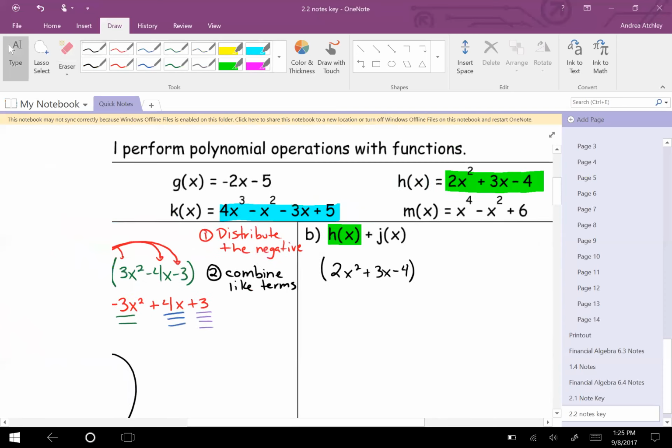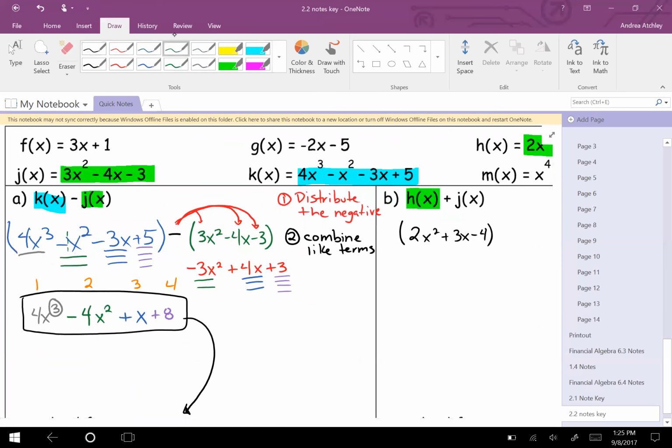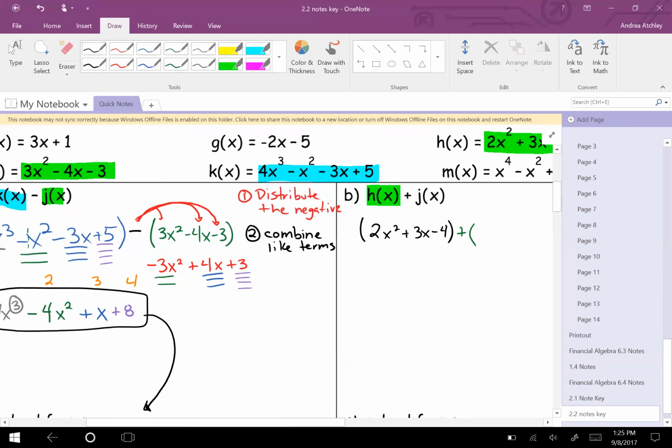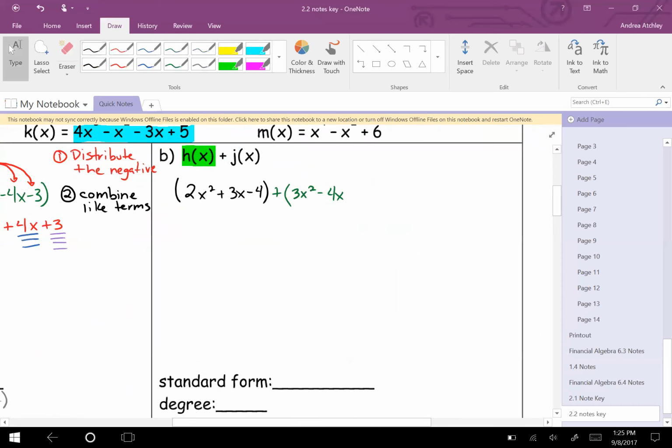And then the j of x was plus the 3x squared minus 4x minus 3. Now this one we're adding, so we don't need to distribute a negative. There's no negative there. So we're just going to combine like terms.